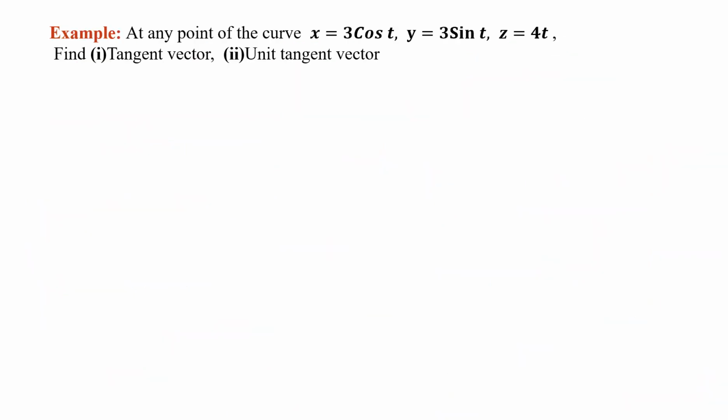In this example, at any point of the curve x equal to 3 cos t, y equal to 3 sin t, and z equal to 4t, we have to find the tangent vector and the unit tangent vector. Here first we write the curve as the vector function r, that is xi plus yj plus zk.